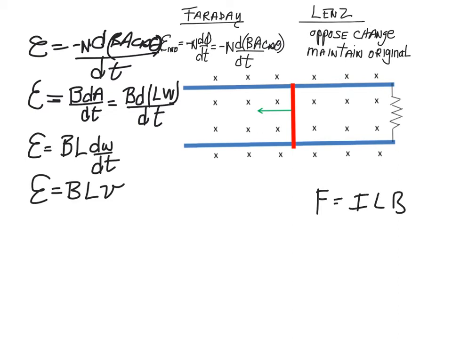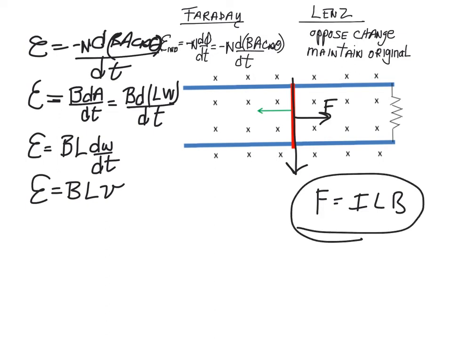So the current's going down, and the field is into the board. If you use right-hand rule number 1, put your index finger down, your middle finger into the page, and that says that the force on this wire is going to be in this direction, right? It's a current carrying wire in a magnetic field. So there's a force opposing the motion of the wire.